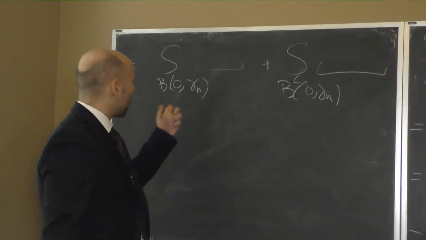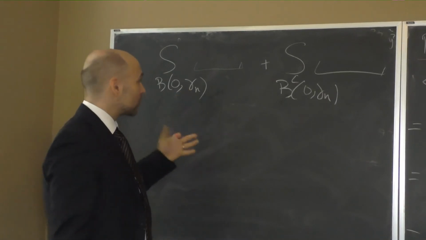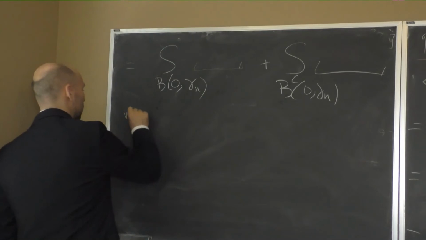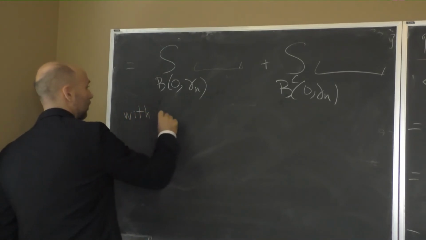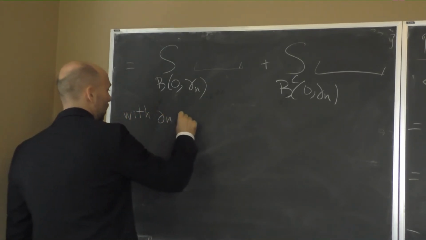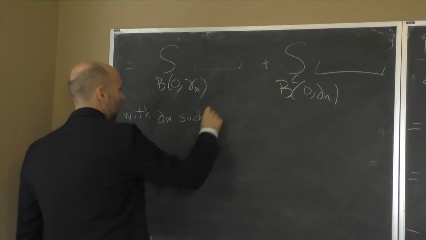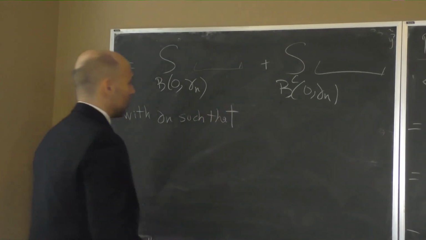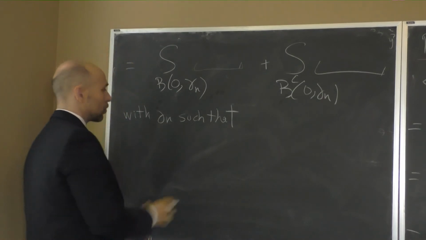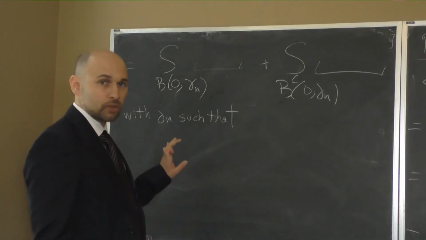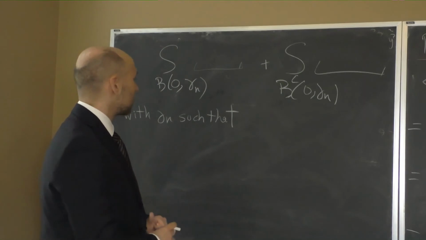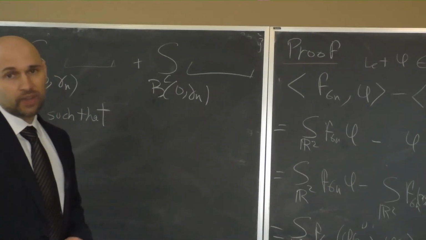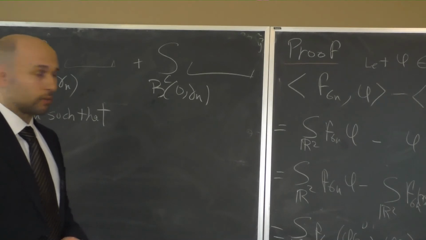And what is my gamma n? I choose my gamma n such that, here I'm assuming without loss of generality that, for example, my sigma n goes to 0 as fast as 1 over n.